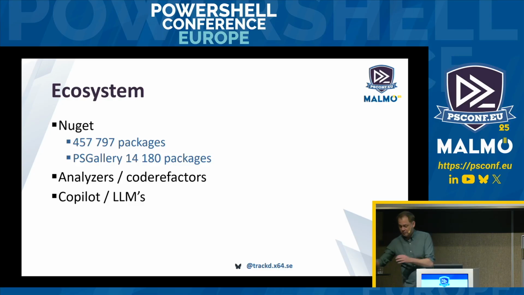That's quite a big difference, and there's stuff getting added all the time. You can use most of them in PowerShell. I'm not going to say all. There are a lot of dependencies and stuff like that, but you can usually use the packages in PowerShell fairly easily and quickly.